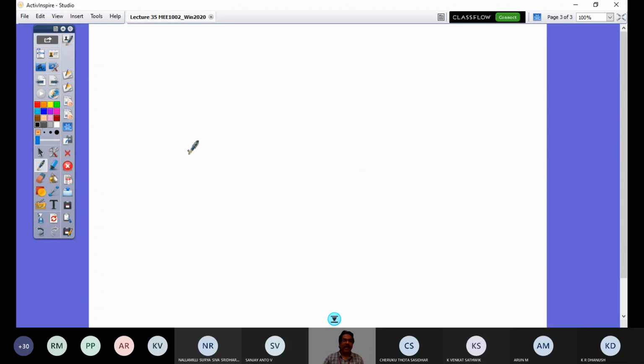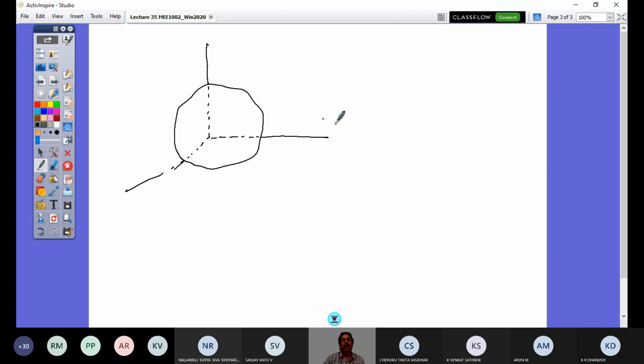So let's again look at a rigid body. I know with respect to these axes set, this is my x, y, z axis, right?